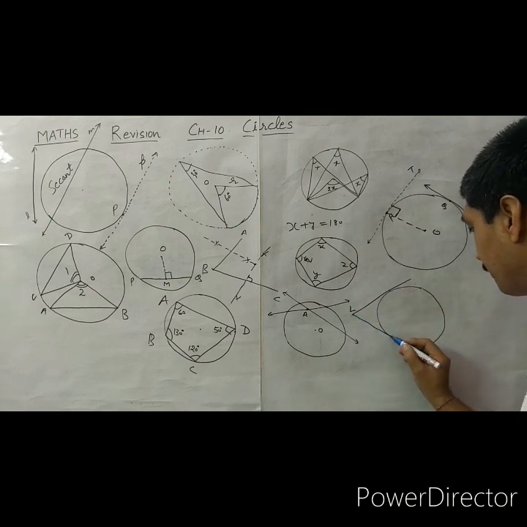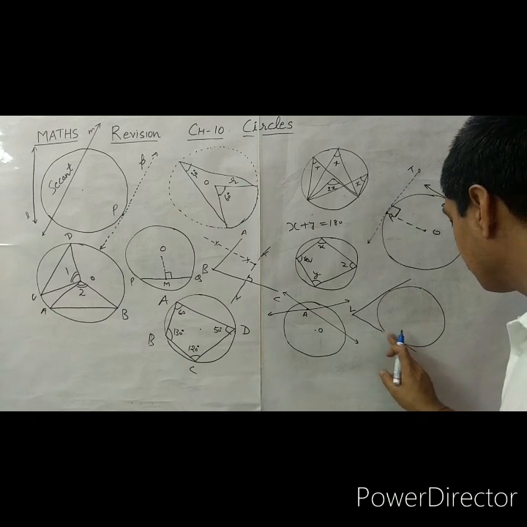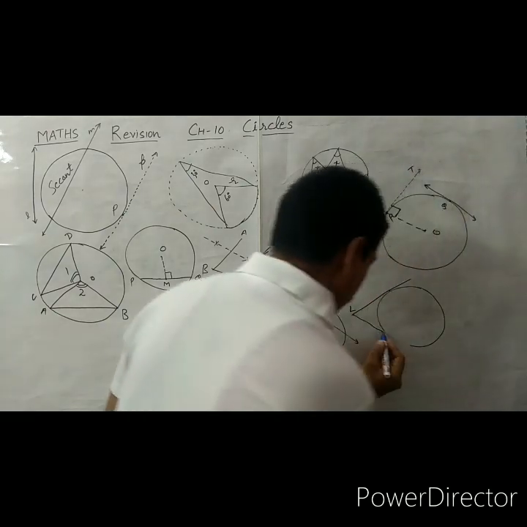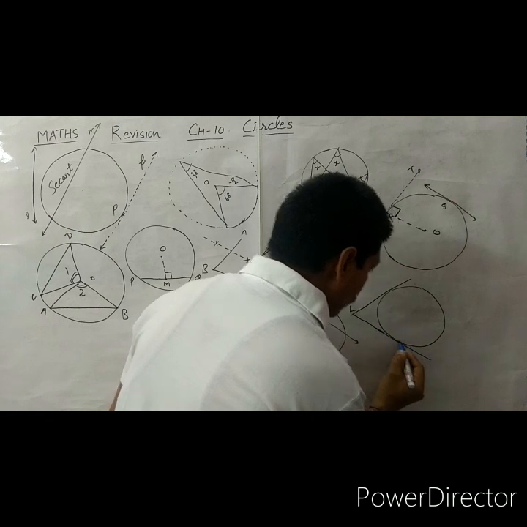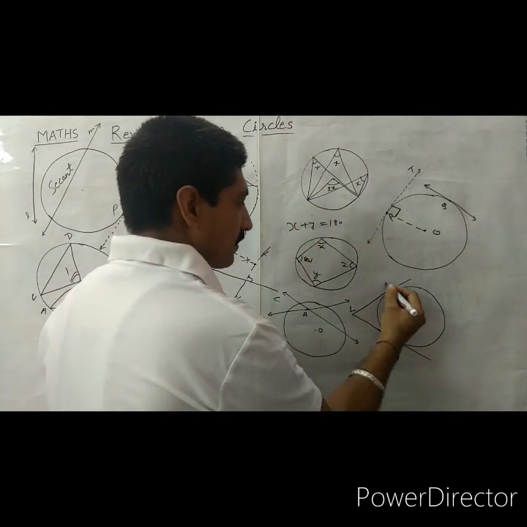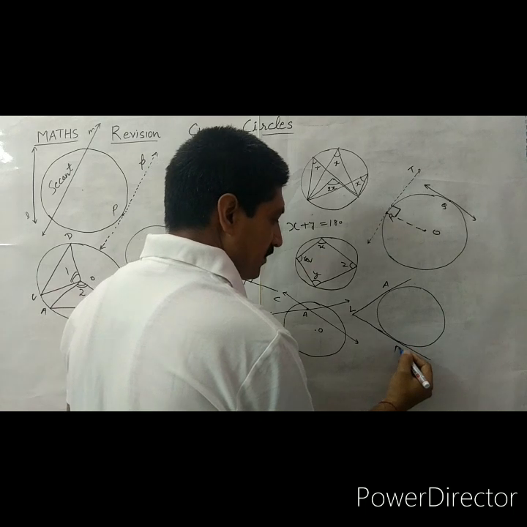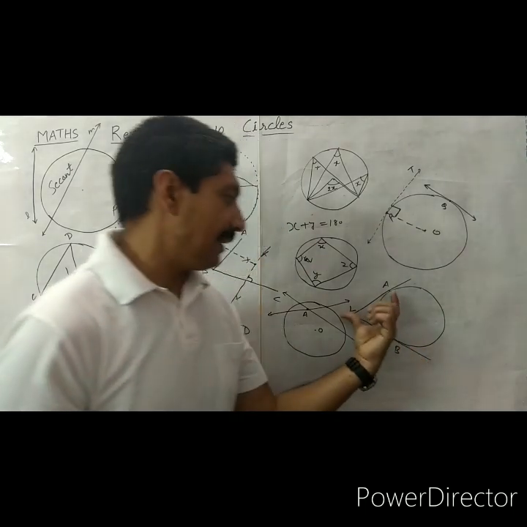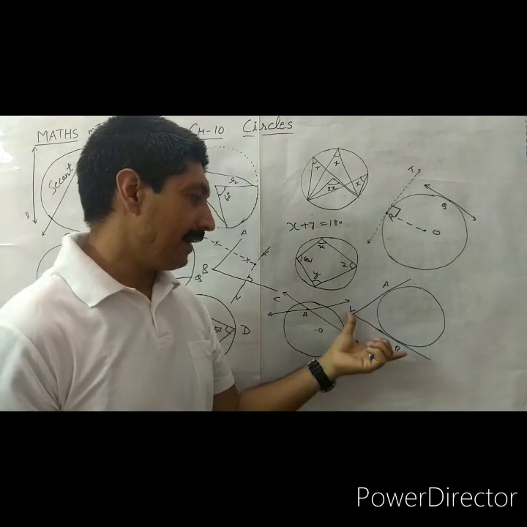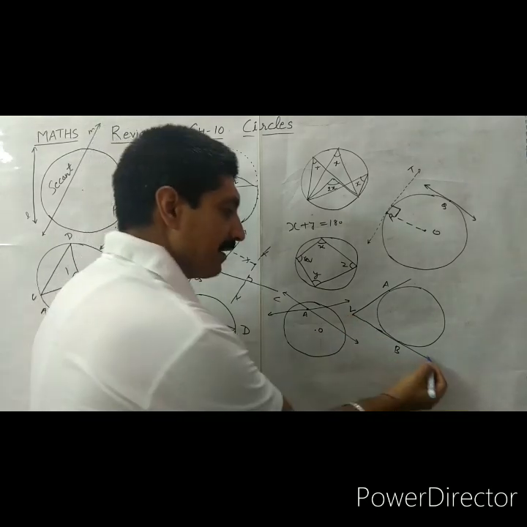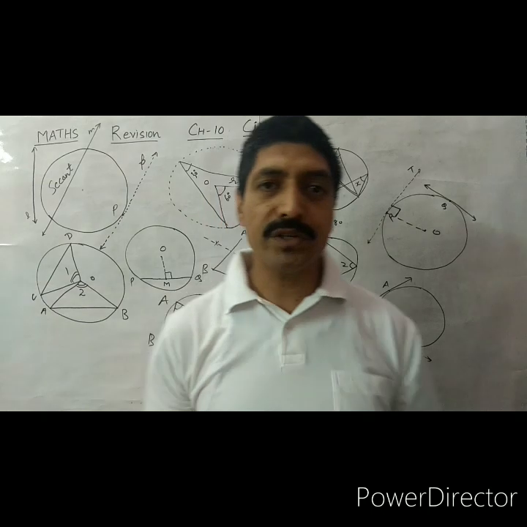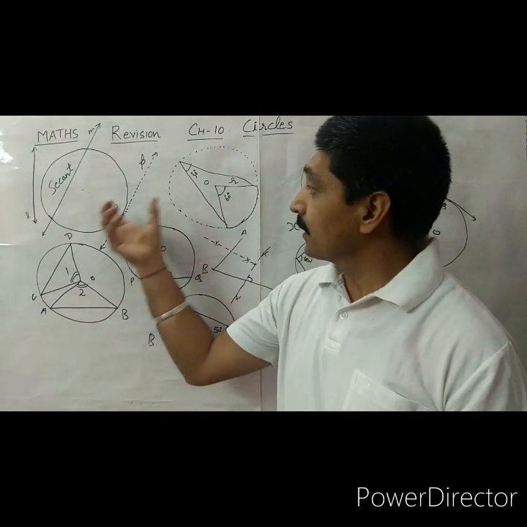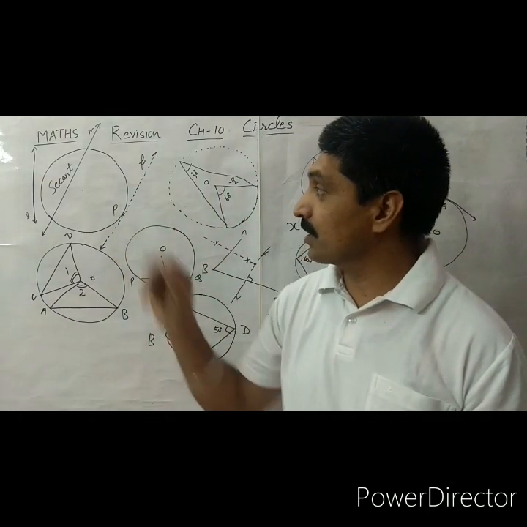The property of this pair of tangents is that the lengths AL and LB are always equal. So one example I want to discuss about tangent to a circle.